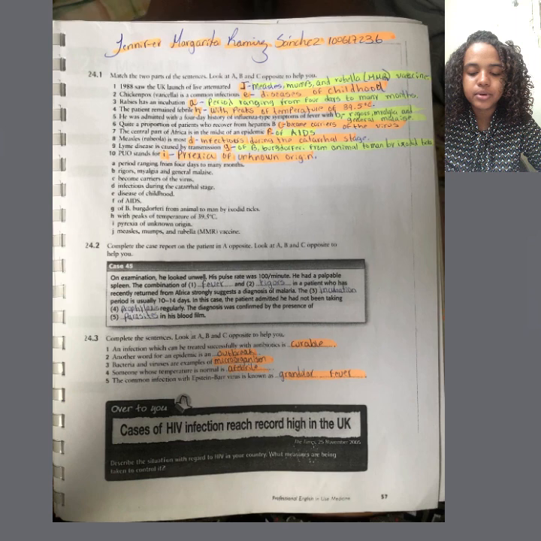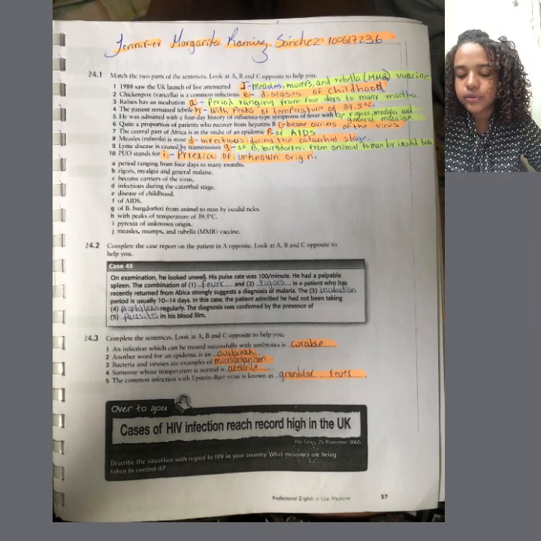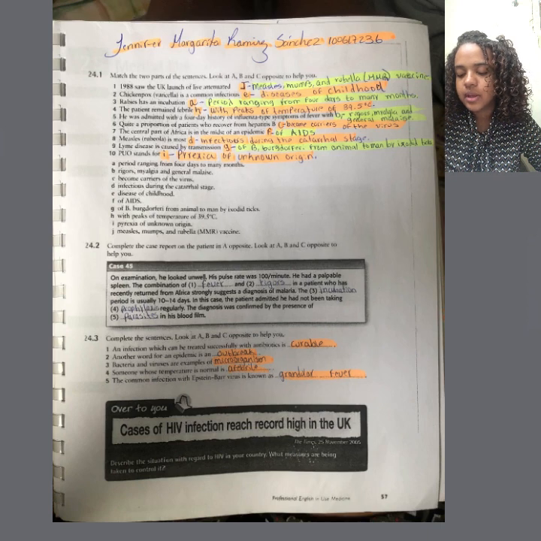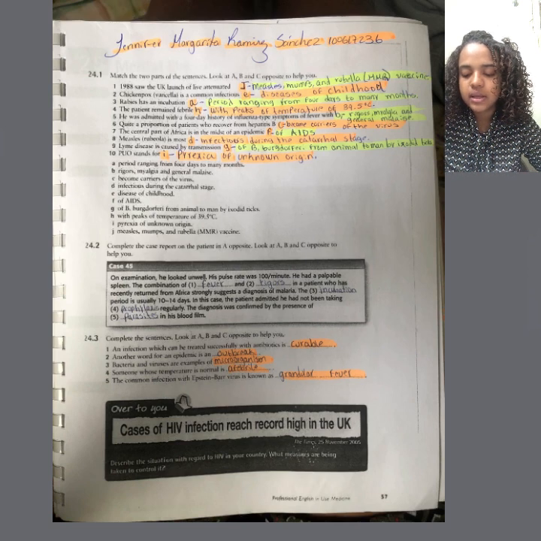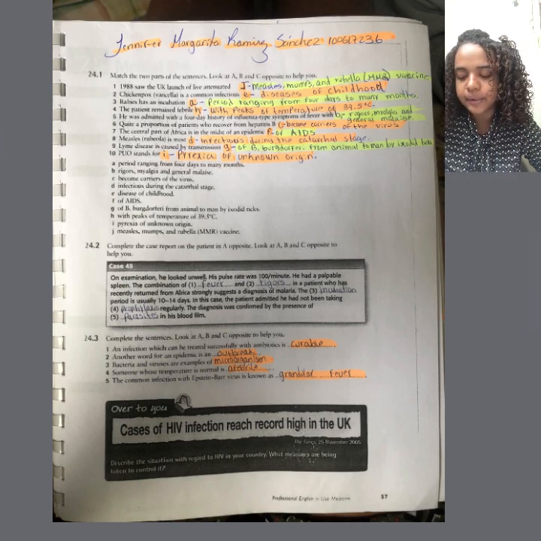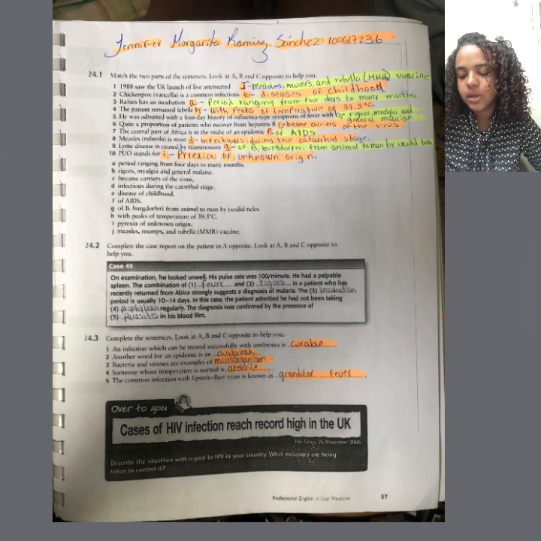Number 6, quite a proportion of patients who recovered from hepatitis B become carriers of the virus. Number 7, the central part of Africa is in the midst of an epidemic of AIDS.